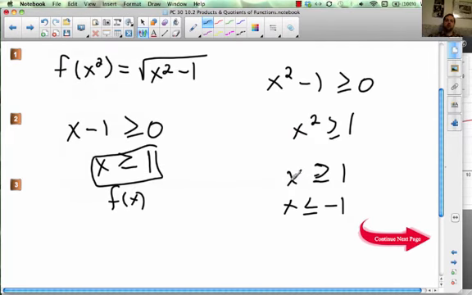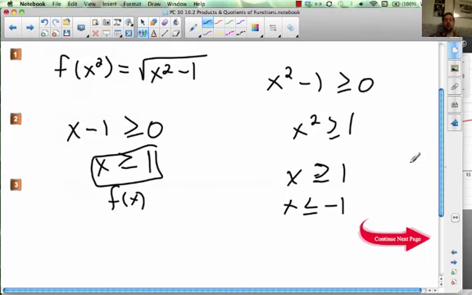If we choose a value of x that is, let's say, exactly 1, and we plug it into this function, we get 1 squared minus 1, which is 0. We're allowed to take the root of 0. That's okay. Now let's plug in -1. We get -1 squared is 1, minus 1 is 0.